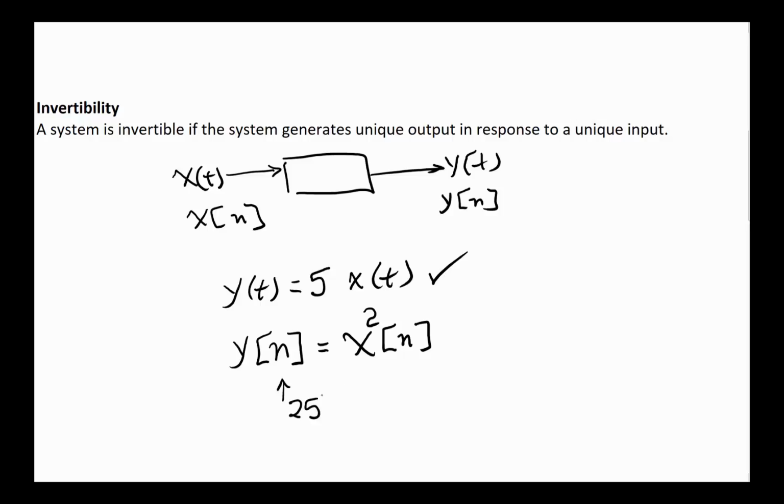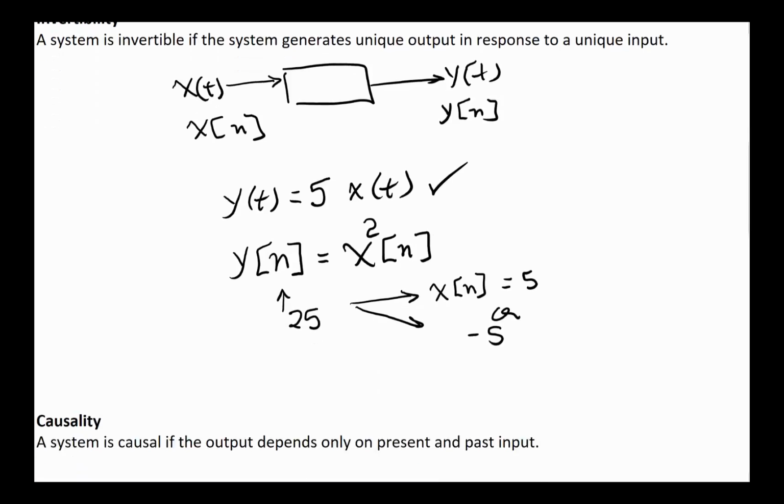If y of n is 25, what are the possibilities for x of n? x of n potentially could have been 5 or minus 5. Therefore, this system is not invertible because I can't go back to a unique input. It's not a failure, but it's a non-invertible system that I'm working with.